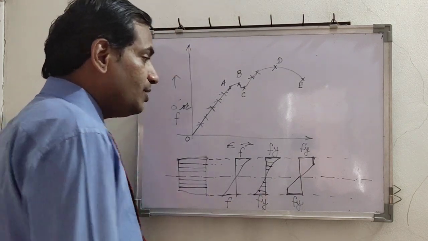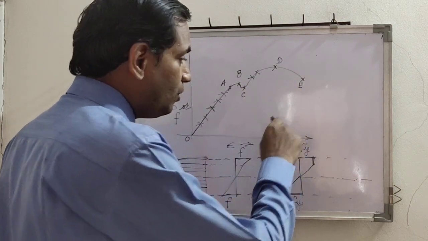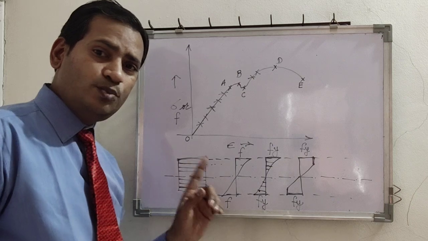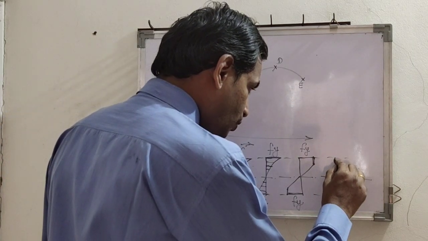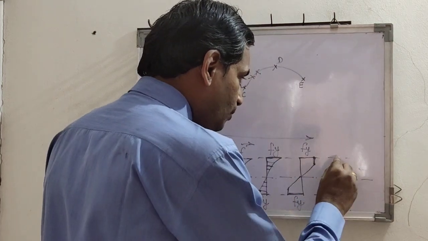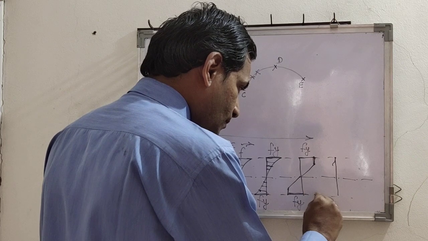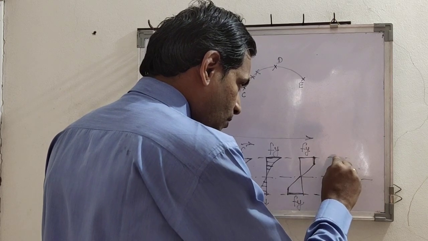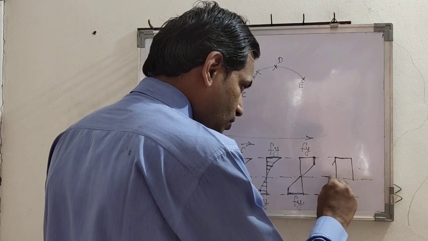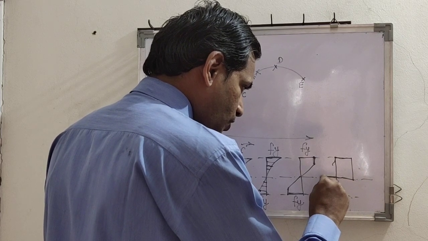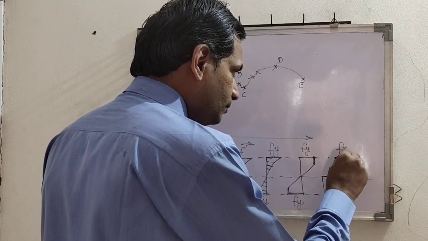Okay, it means if you utilize this D point also, or you take into account this point also, then what is going to happen? We are going to reach one state wherein all fibers in the cross section will be subjected to same yield value.